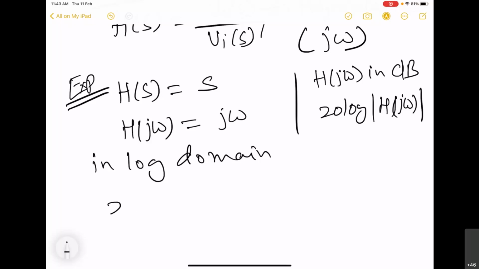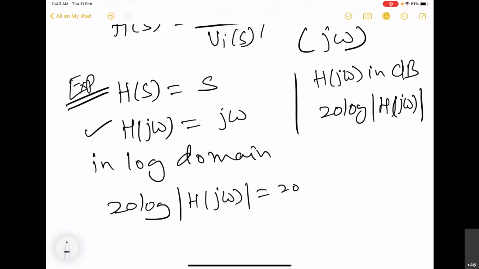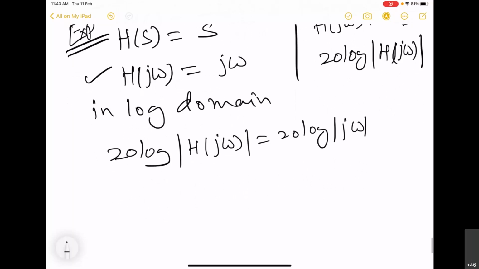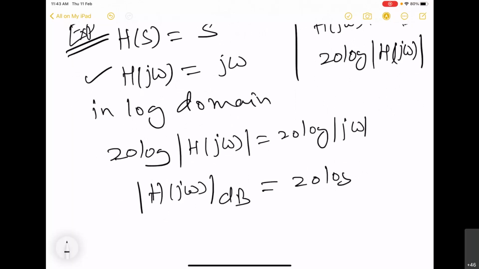If you take 20 log of this equation on both sides, then here we continue to designate H(j omega), and we say that it is in dB scale, and this is 20 log omega.